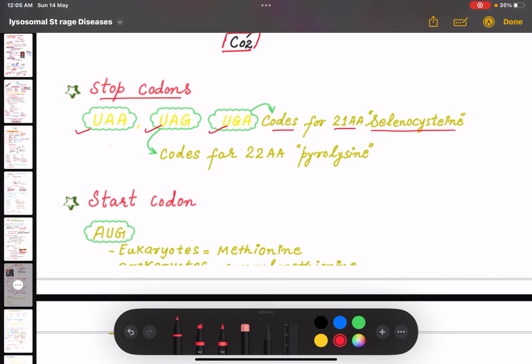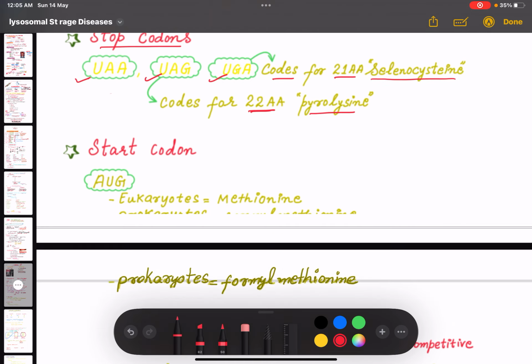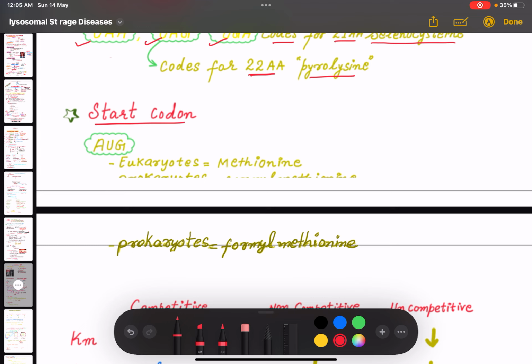UAG codes for the 22nd amino acid, which is known as pyrrolysine. In start codons you have to remember AUG. This AUG in eukaryotes is responsible for the formation of methionine. It means AUG codes for methionine, and in prokaryotes it codes for formyl methionine.